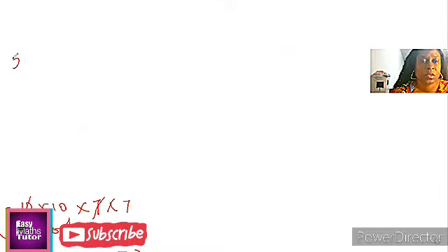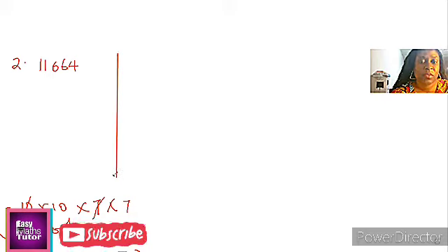Now the second problem says express this number, 11,664, as a product of its factors and also find the root of that number. So we're going to find the LCM. LCM is the fastest way to solve this problem.